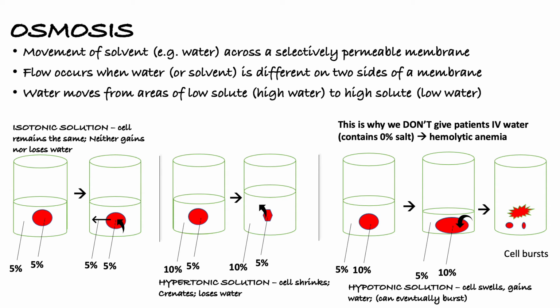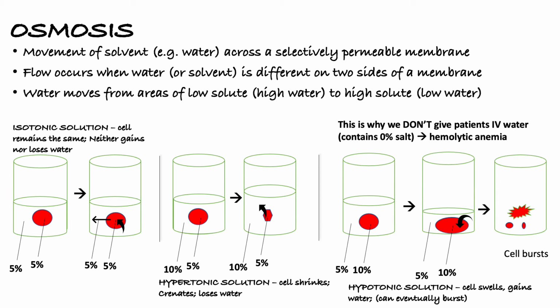What's going to happen is that, as time goes on, there is still going to be movement of water. However, the same amount that's going in is coming out. So we're going to have an equal balance, and we're going to say that this water solution is an isotonic solution. The word iso means same. So the cell will end up remaining the same, neither gaining nor losing water.